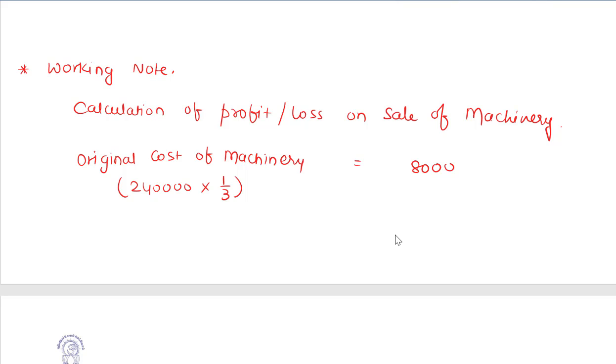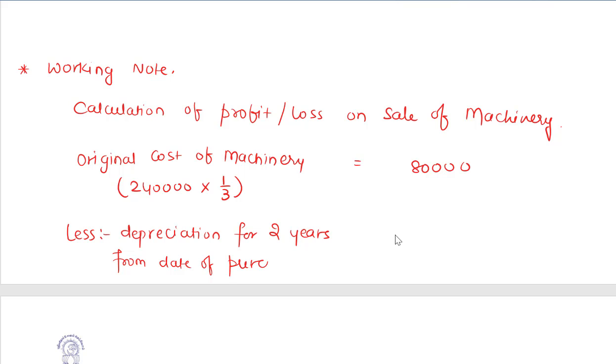One third is sold, that is 80,000 value of machinery is sold. We need to calculate depreciation on it. So less depreciation for 2 years, from date of purchase to date of sale.